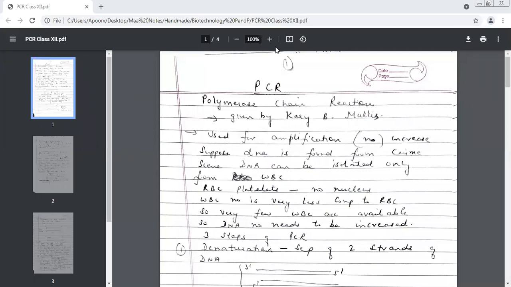Now imagine they have got only one hair which they have to match with the DNA. Supposing some problem comes, there is some mistake while handling it for DNA analysis. Supposing I am carrying that drop of blood on, what do you call those small glass plates that you have in the lab, and it falls down from my hand. So the only sample I had is gone or not?